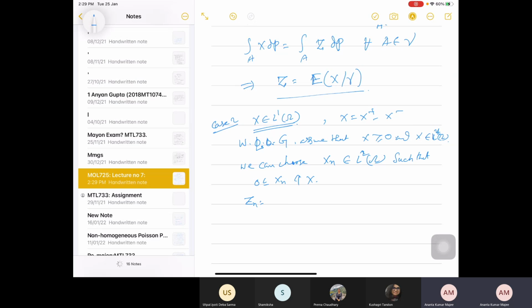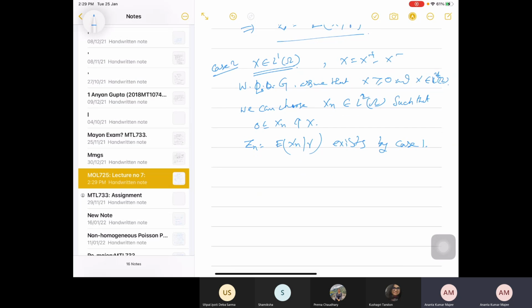Now xn is in my L2, and from case 1, I know that the conditional expectation of xn given my information nu exists. So Zn is the expectation of xn given nu, which exists by case 1. Is it not? So now my claim is that Zn is positive and increasing.